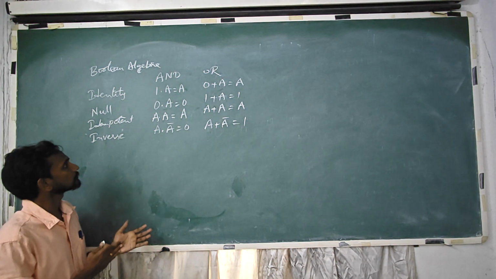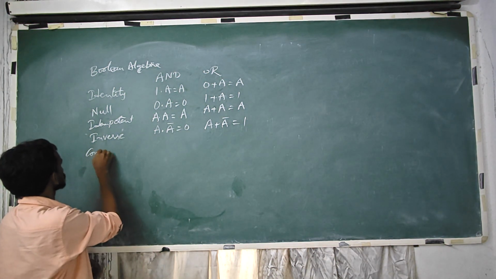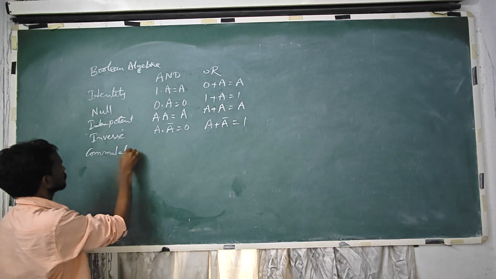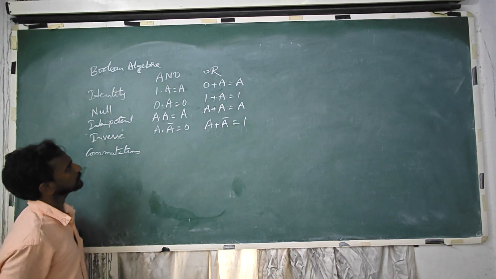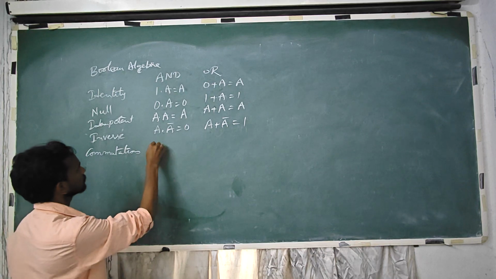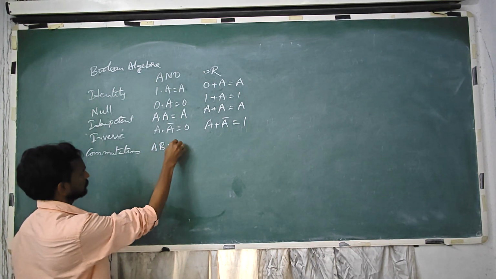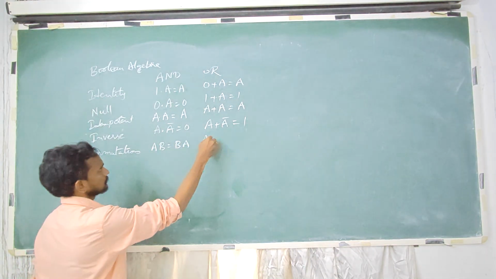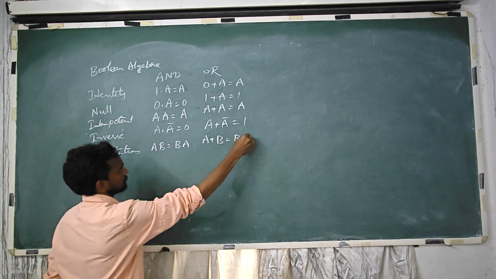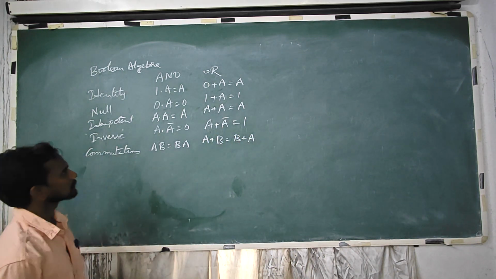Next one, commutation. AB is equal to BA. A plus B is equal to B plus A. Clear?